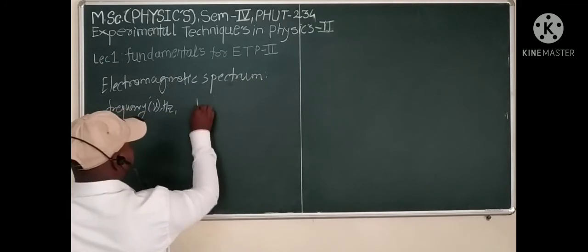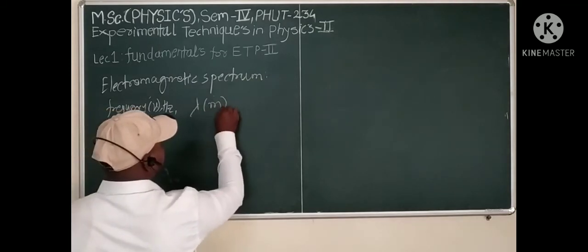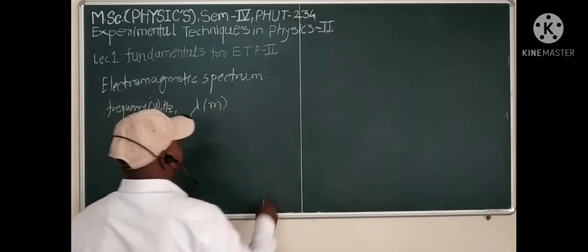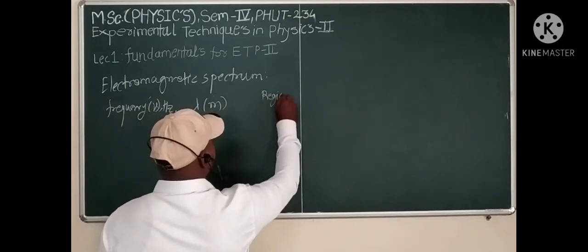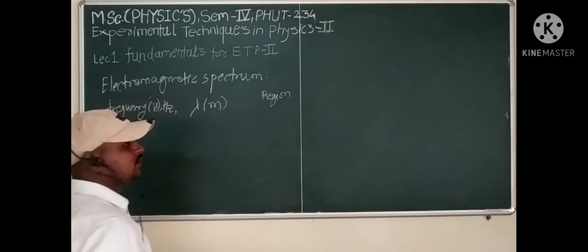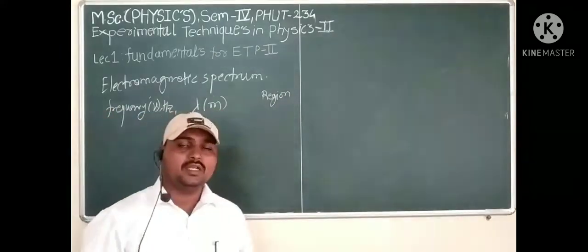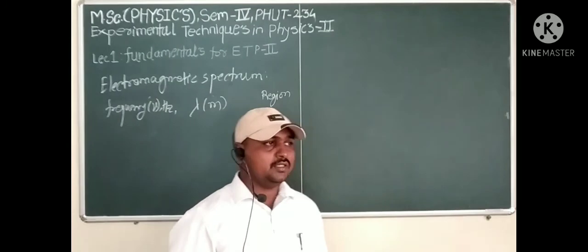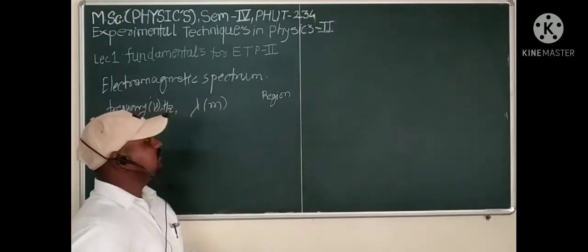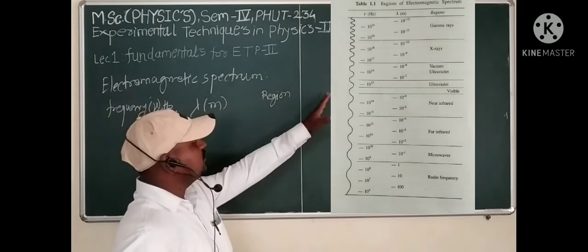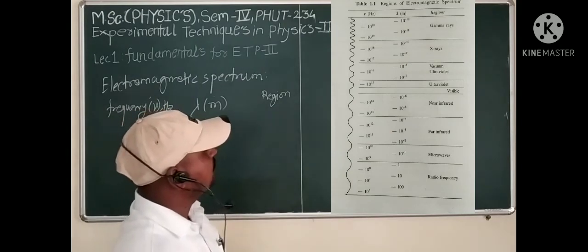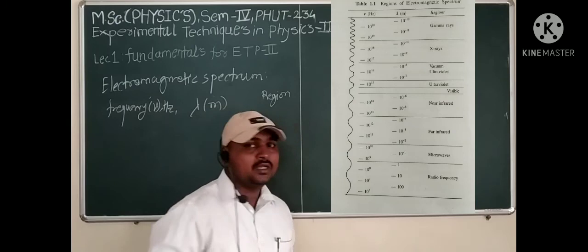Next is for wavelength, which is measured in meter, and here it is represented by different regions. In those regions there are gamma rays initially. Now let's see this image. In this image, first is frequency, next is wavelength, and last one is for region.